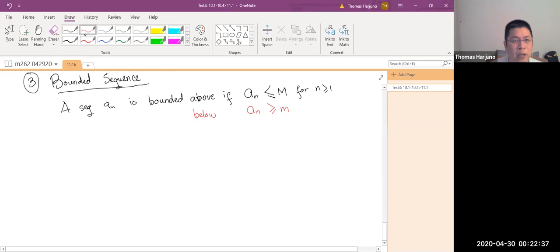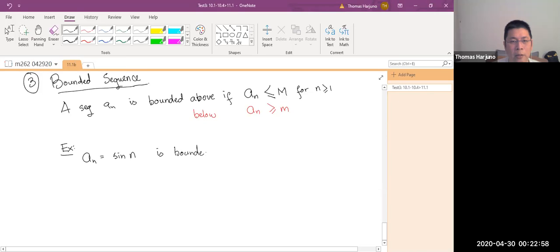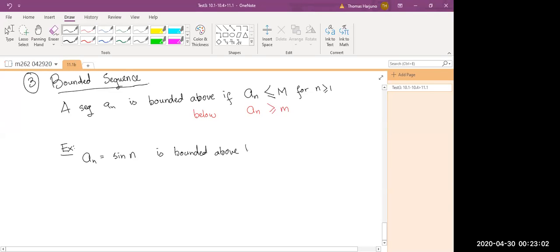Okay. So for example, that case there, for example, notice that the n term sine n, is this bounded above? Yes. 1. Yeah, it's bounded above by 1.